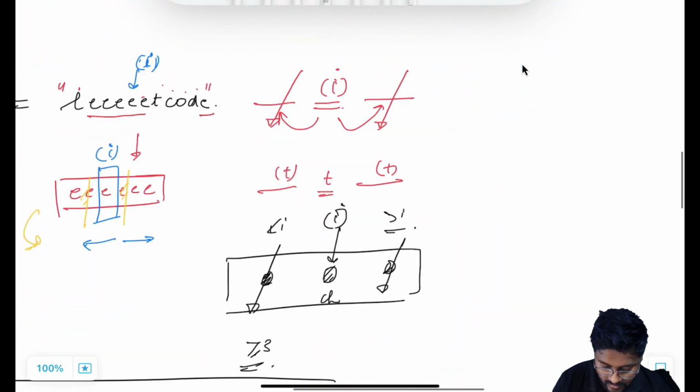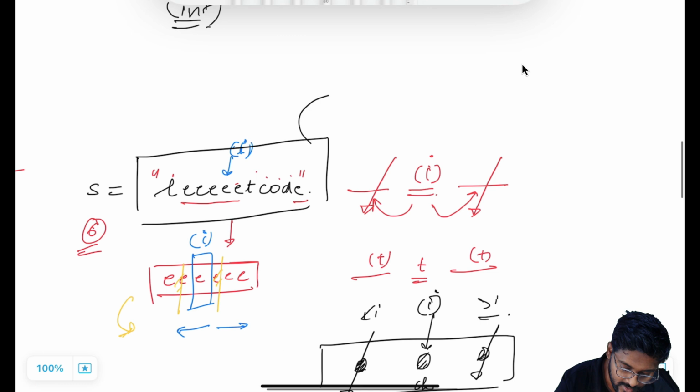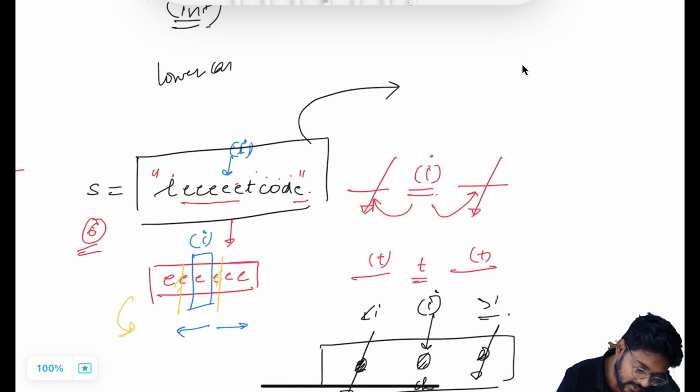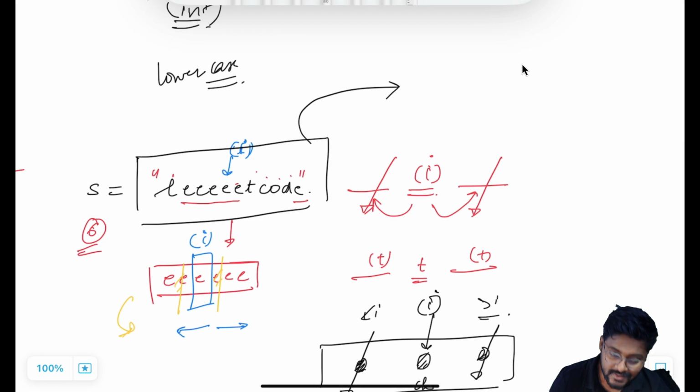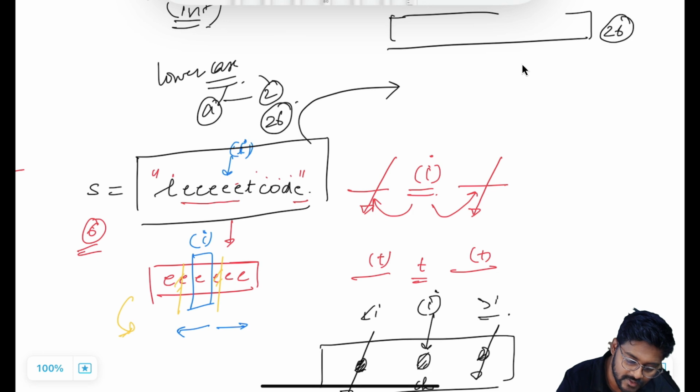Let's come to the example. Here, this is the example, and how do you know the frequency? It is given in the problem constraints that this string is going to have lowercase English characters. If it is lowercase English characters, it will go from A to Z, which is only 26 possibilities. Just take an array of size 26 to capture the frequency.